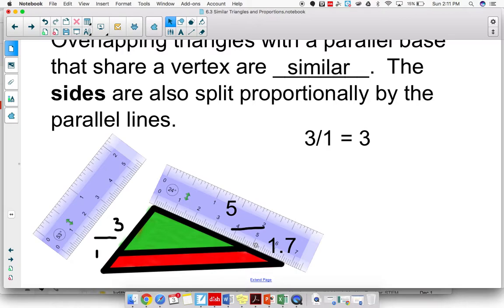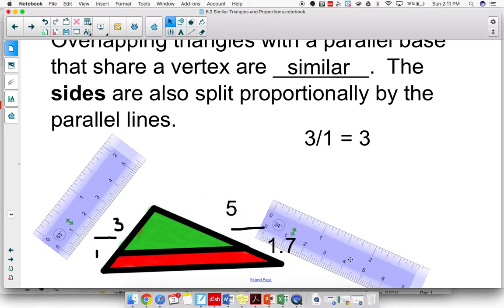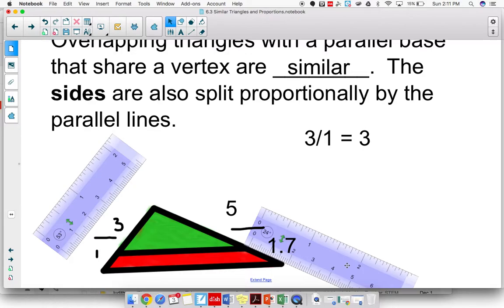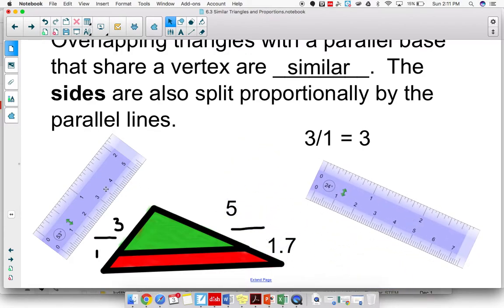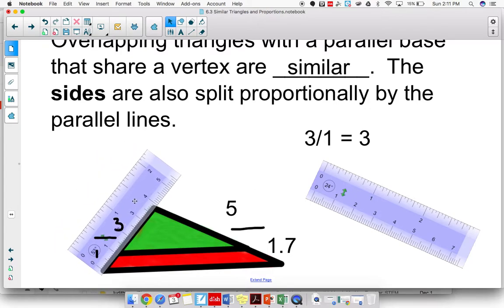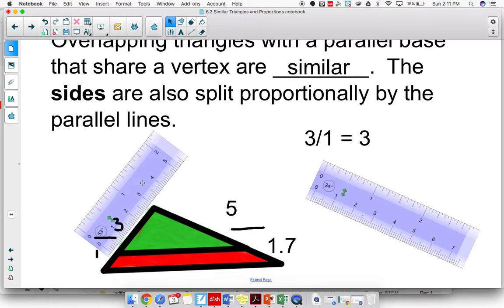So it's about 5, and then the next section, if I slide this down, starting at the bottom of the red, is like 1.7. Okay. And then the same thing over here on the left. The red segment on the bottom is 1. And then the top segment, it has a length of 3.